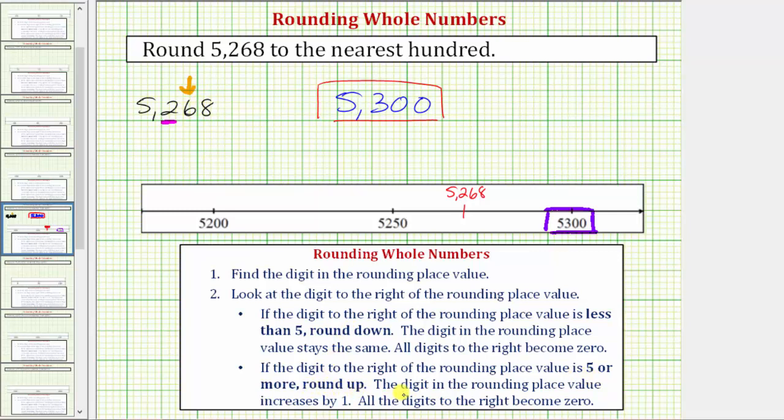So to round up, the digit in the rounding place value increases by 1, so the 2 in the hundreds increases by 1 to 3. All digits to the right become 0, so the tens and the ones place value both become 0, giving us 5,300. Let's look at two more examples that are slightly different.